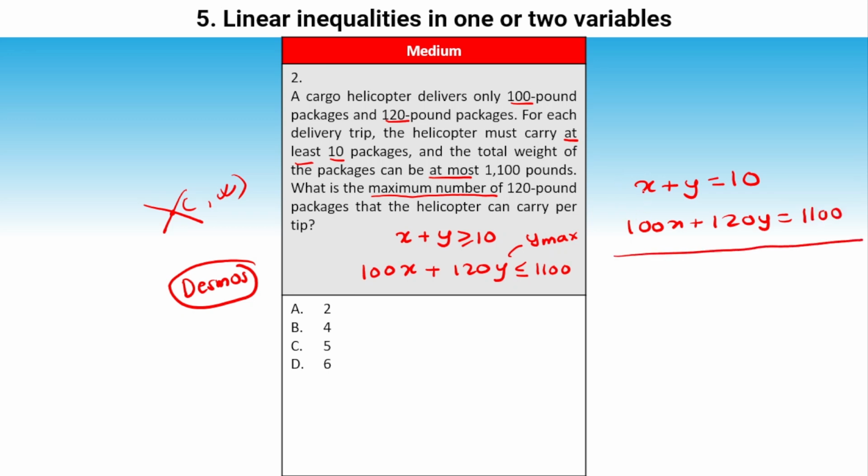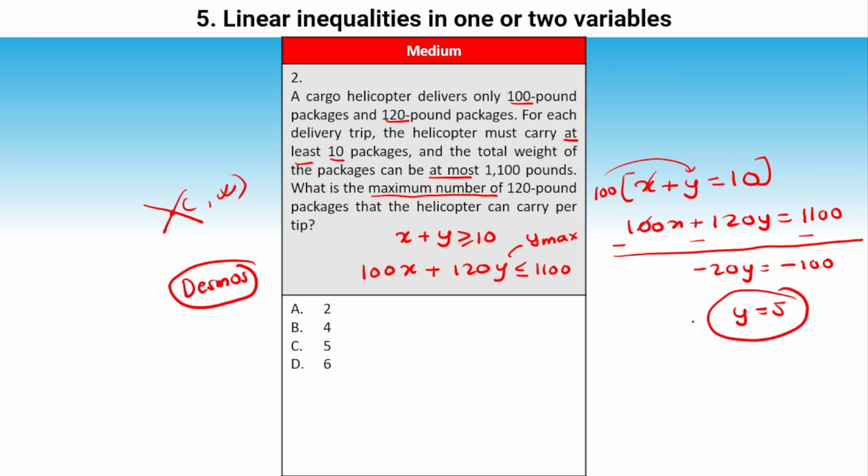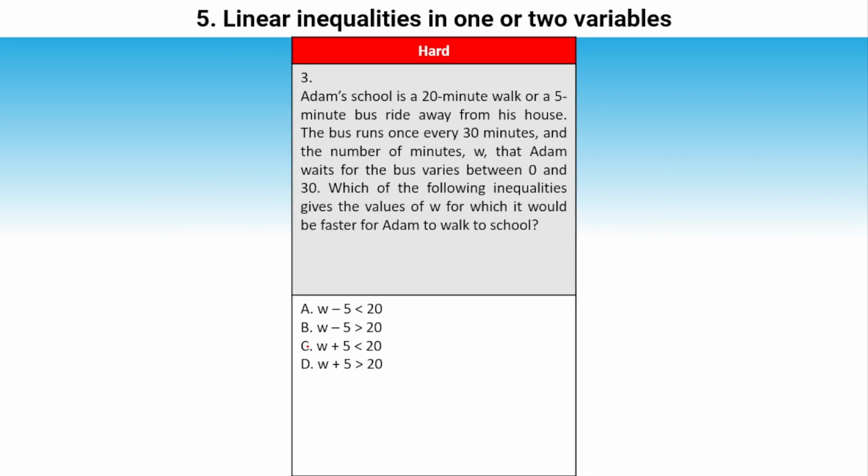First we have to cancel out the x, so multiply the first equation by 100 and the lower equation by minus 1. Now the x is gone, and we get 100y minus 120y, that is minus 20y, equals 1000 minus 1100, that is minus 100. So the value of y is 5. That is the maximum number of 120-pound packages the helicopter can deliver. The answer is 5. Let's move to the next one, a hard question.